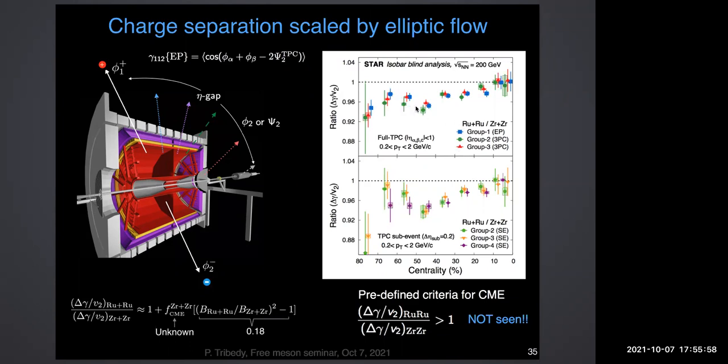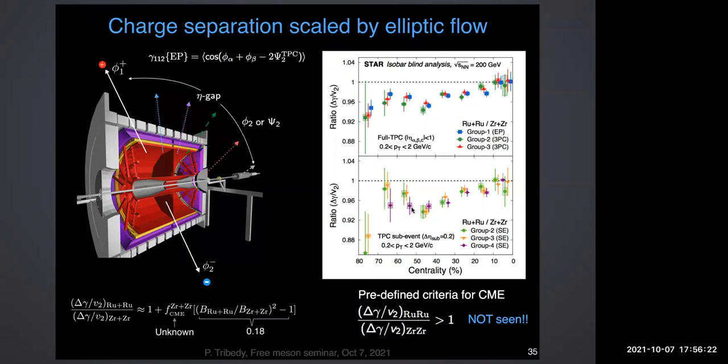But there are different color points. They came from these different groups. I told you group 1 uses event plane, group 2 uses 3 particle correlation. It doesn't matter, right? They are consistent. So here are the data points. First thing you notice is that here you have 1 and all the data points are below 1, except here everything is consistent with 1.